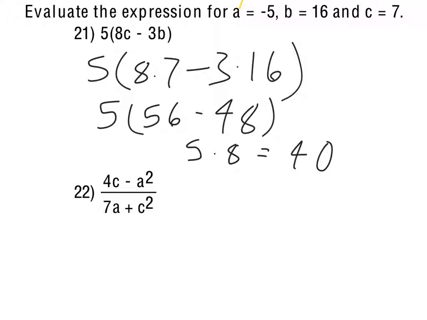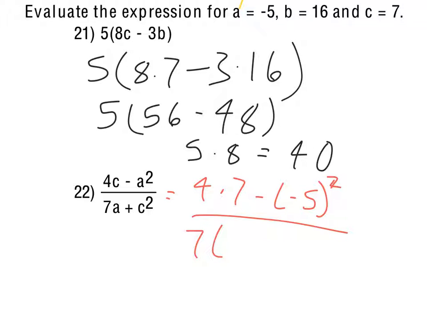4 times c. C was 7 minus a squared. A was negative 5. Now again, be careful when we square that negative. That'll turn out to be positive. Whereas in the denominator, 7 times negative 5 will be negative. And then we're squaring the c as well, so squaring 7.